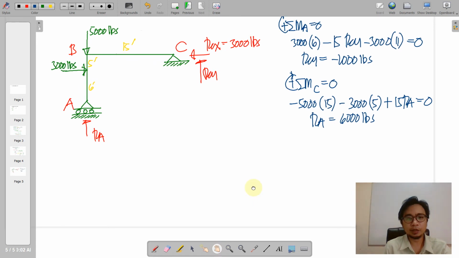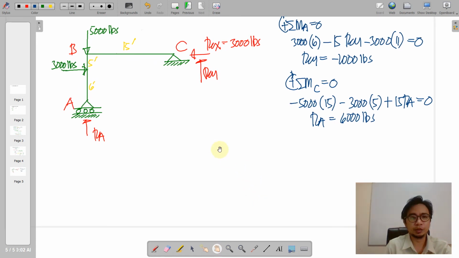So to check our reaction, of course, we're going to perform summation forces along the vertical axis. First, we have the 6,000 going upward, that is the RA actually. We're going to less this downward 5,000 here. And we place here positive sign for RCY, that is going downwards.